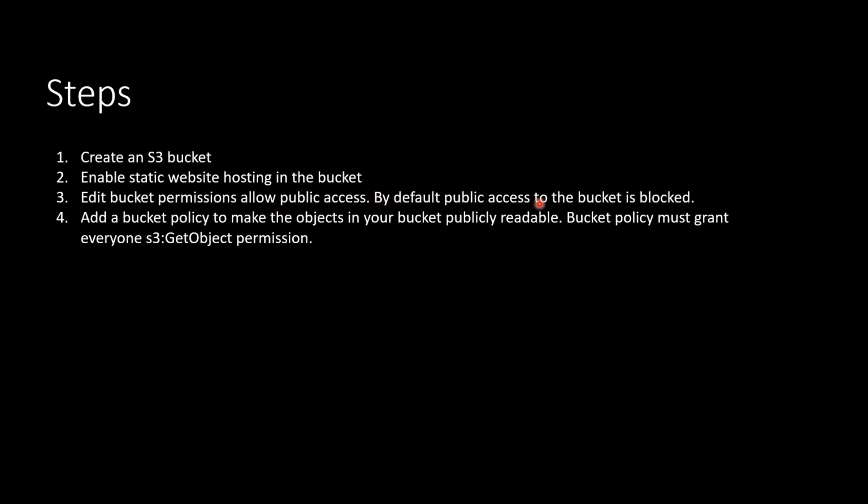By default, public access to the bucket is blocked. Then in the fourth step, add a bucket policy to make the objects in your bucket publicly readable. Bucket policy must grant everyone S3 get object permission. So let us now go to the demo part.